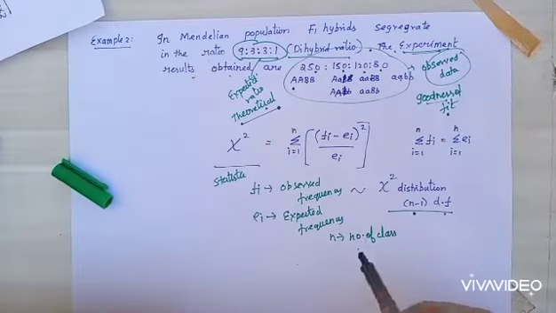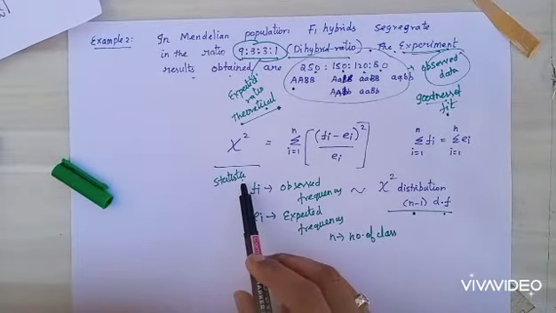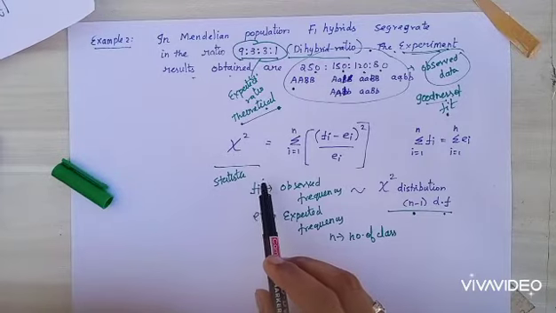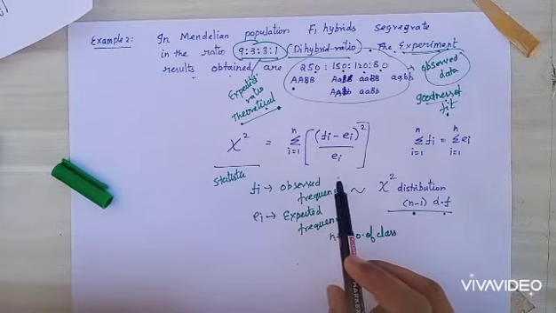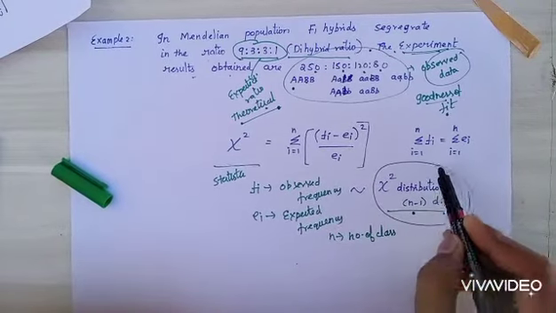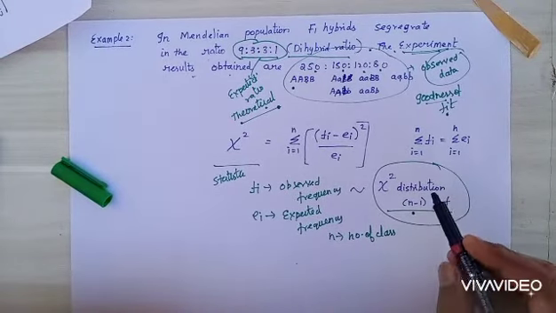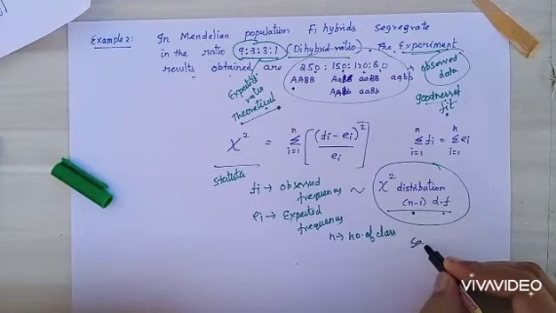See, this is a statistic. So the frequency distribution of the statistic can be found by using this chi-square distribution. The chi-square distribution is a sampling distribution.